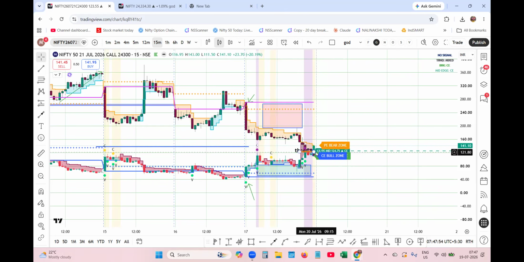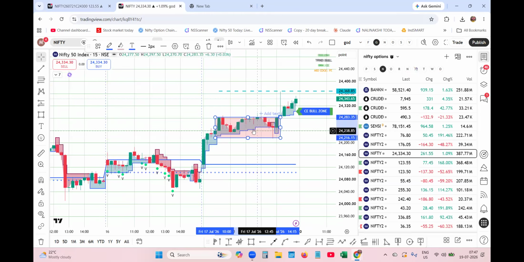And while going, you saw that the underlying expanded, the call premium expanded. That's why the 123 baseline call premium expanded to 141. That is while closing time, you could have played some scalping trade on the premium.